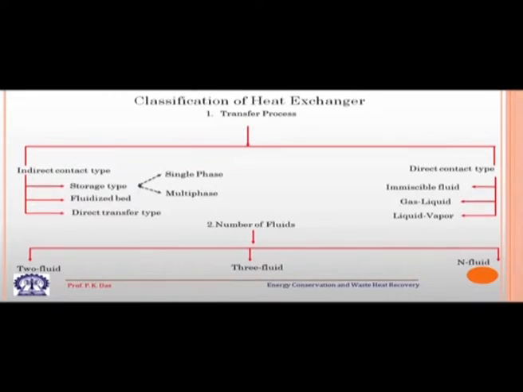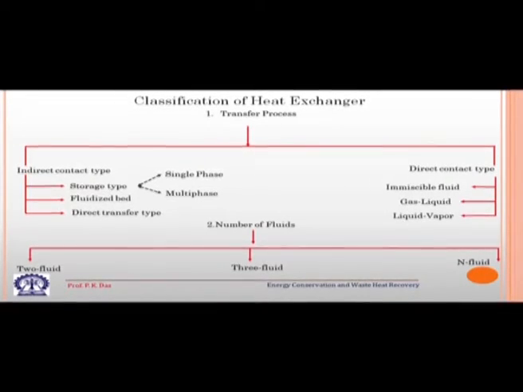Then there is the fluidized bed heat exchanger, and then there could be the direct transfer type. That means there is no intermediate body to store thermal energy. Thermal energy will directly pass from the hot stream to the cold stream, only passing through some sort of a solid wall or solid body.